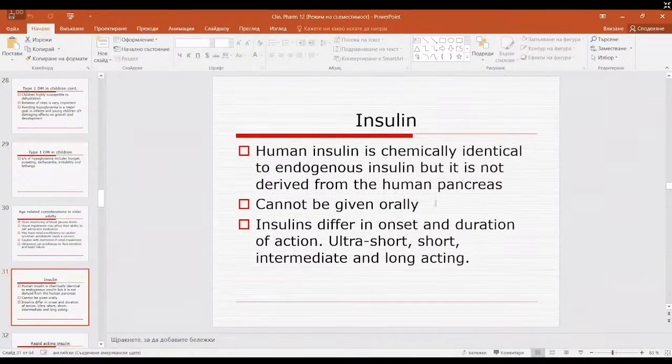It cannot be given orally. And of course, there are different types of insulin. Human insulin is just one type. It is usually divided into ultra short acting, short acting. Human insulin is usually short acting in this classification. Intermediate acting and long acting insulin.